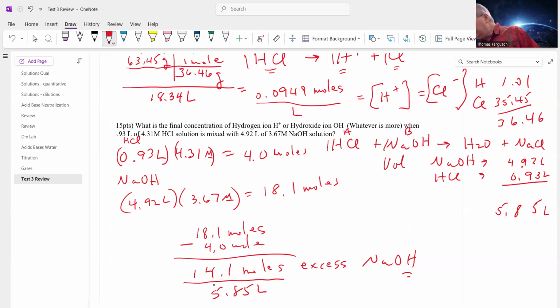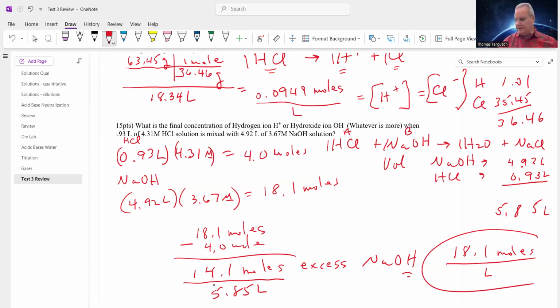Okay, so creating water, let me finish this here and then talk about that. So the final concentration of sodium hydroxide is 18 moles per liter.